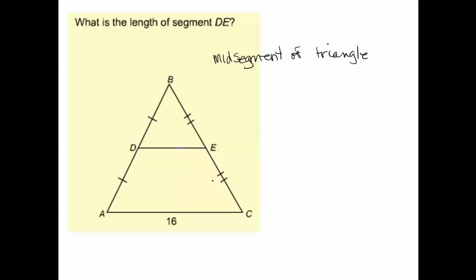The special thing about a triangle is it only has one base. So we're going to take the base and divide by 2. So I have 16 divided by 2 equals 8, which equals the length of segment DE, 8. So that's your answer. All right.